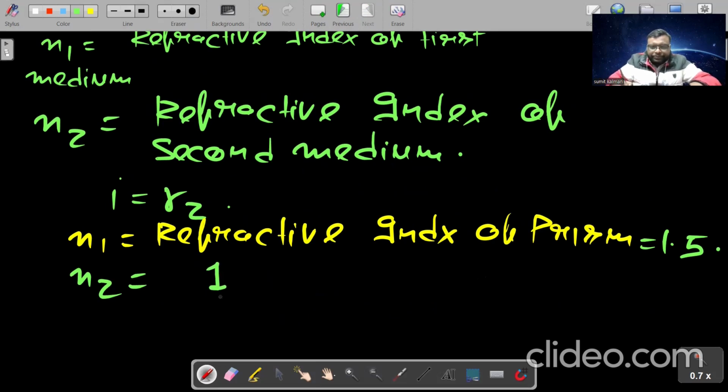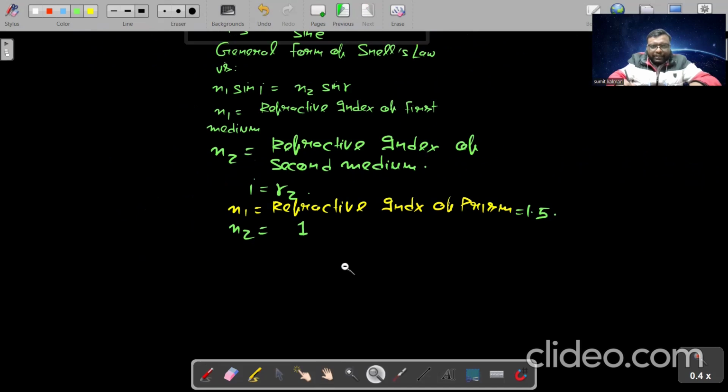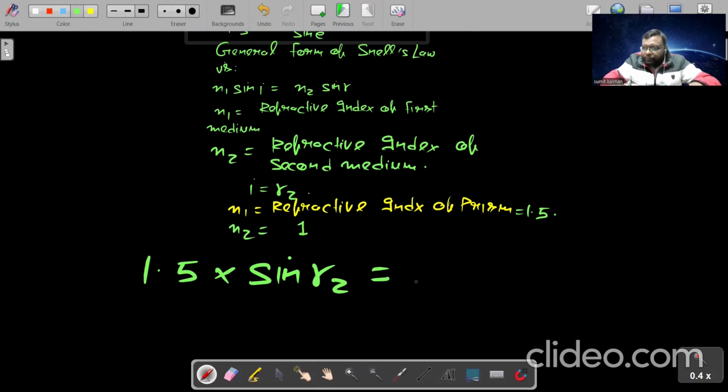So students, if you apply Snell's law at point N, here N1 into sine I, and N1 is refractive index of glass, so 1.5 into sine R2, is equal to N2, refractive index of air, 1 into sine of angle of emergence.